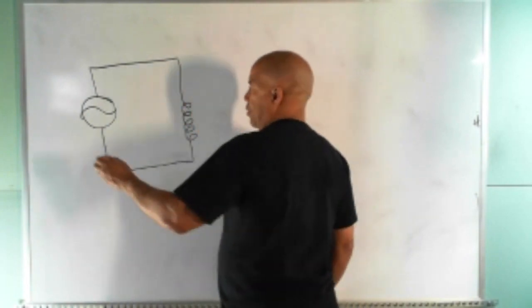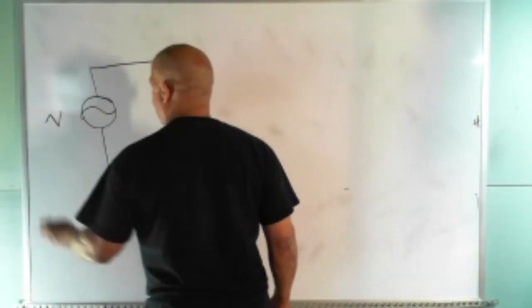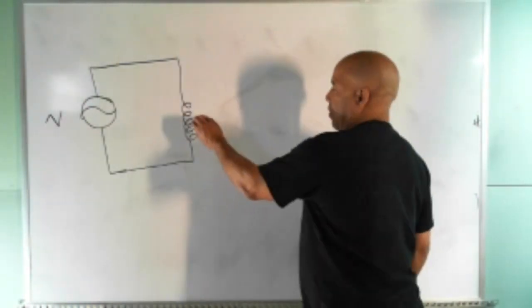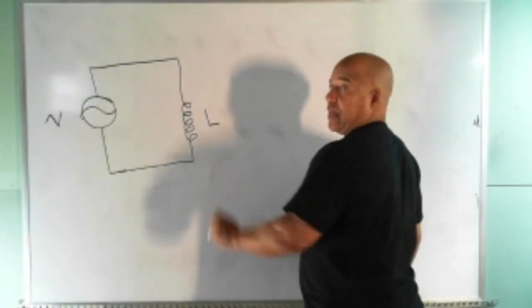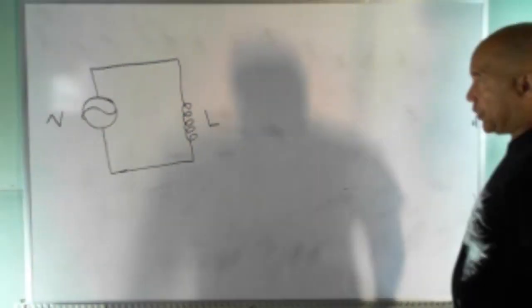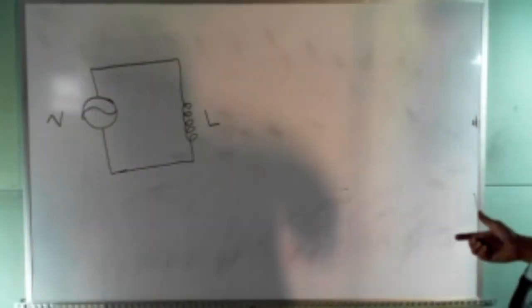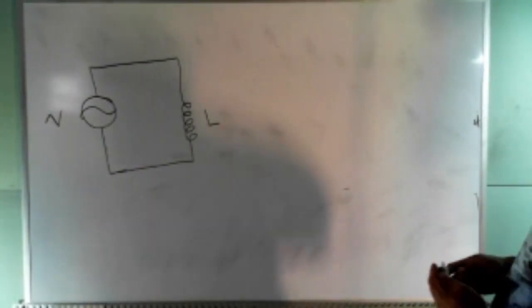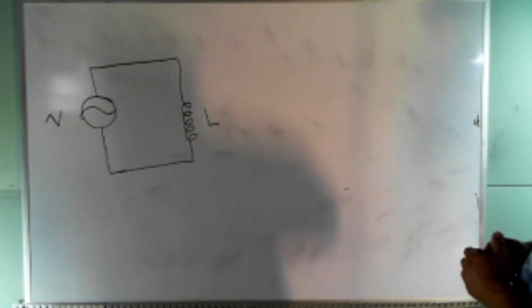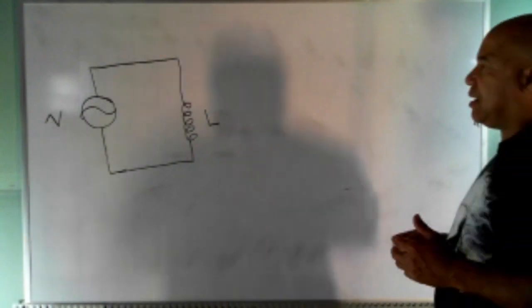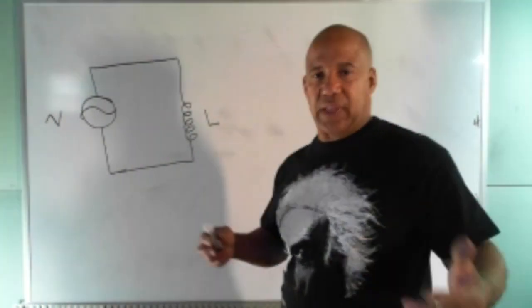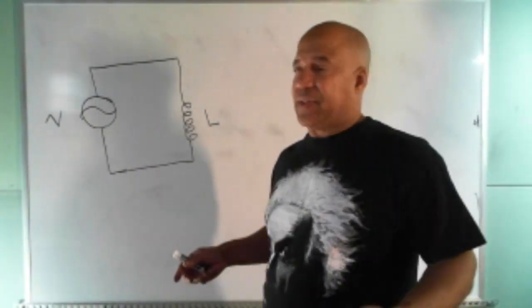And here's my voltage waveform. If you remember, we use the symbol L for inductance. So how does this act? What would this look like? How do the voltage and current waveforms relate? What can I get out of this?